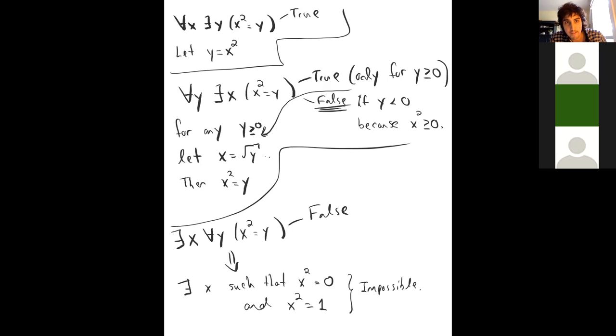The statement is saying that I can find an x so that its square is equal to any other number. That's not true because x squared can't equal 0 and 1 at the same time. Okay, let's move on.